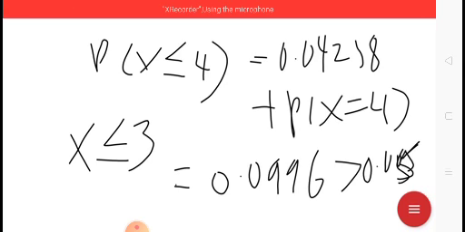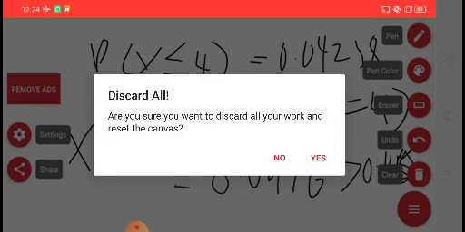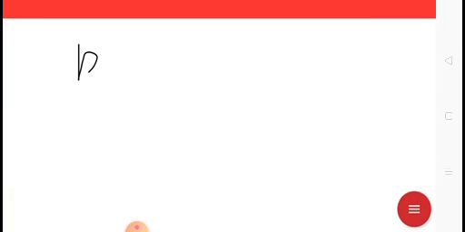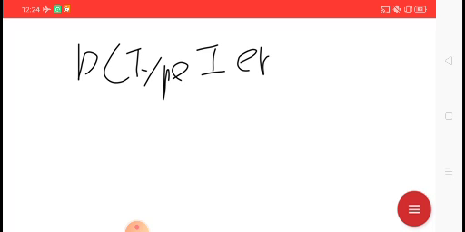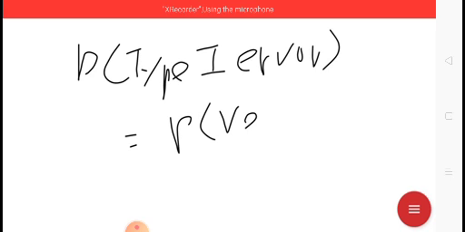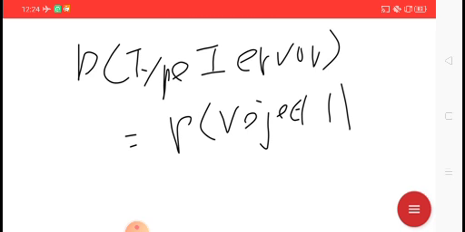Okay. So that is the first part. So now you need to find the probability of making type 1 error. So type 1 error means the probability that you reject H naught.